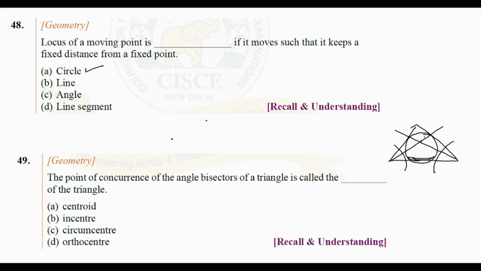Now the point of concurrence: if two or more lines meet at a point, that point is called the point of concurrence. What is this point now? It's the center of the incircle. Clear, children? In short we call it the incenter. So incenter is the right answer.